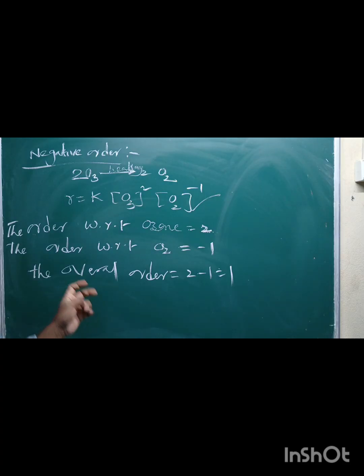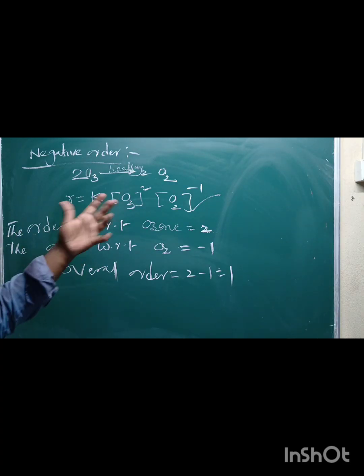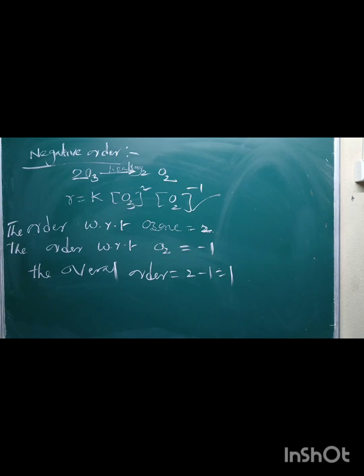The sum of powers of concentration terms being a negative value is called negative order. How it comes depends on the mechanism of the reaction.